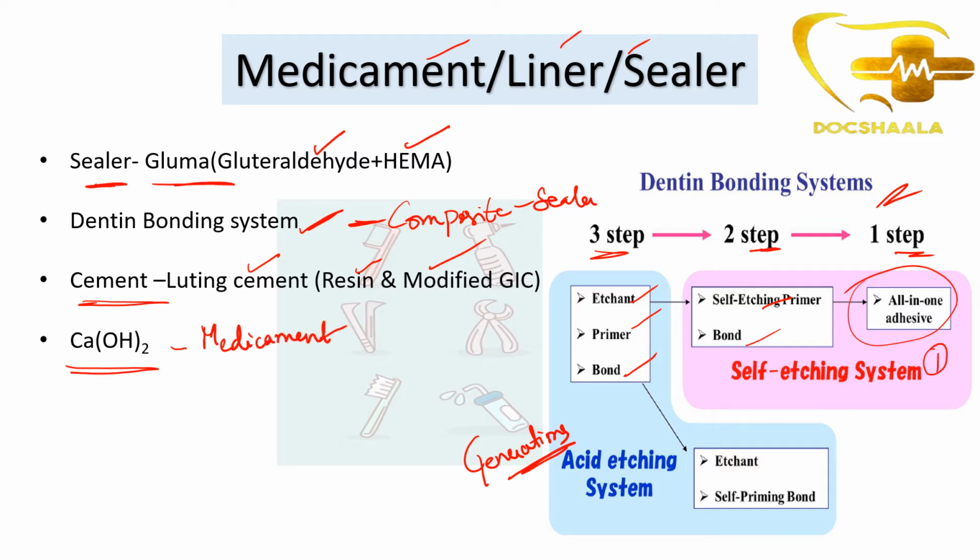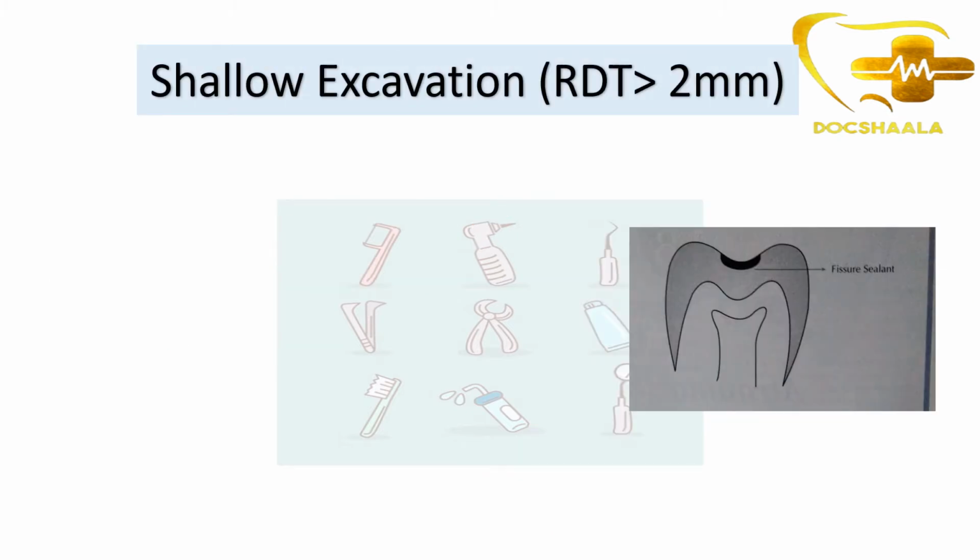This is used as a medicament. Coming to shallow excavation, when we excavate only a shallow part of the carious lesion, like you can see in this image, the remaining dentin thickness is more than 2 mm. So when we are doing cavity preparation like this, what do we do?